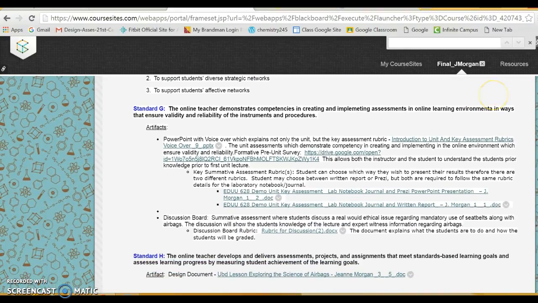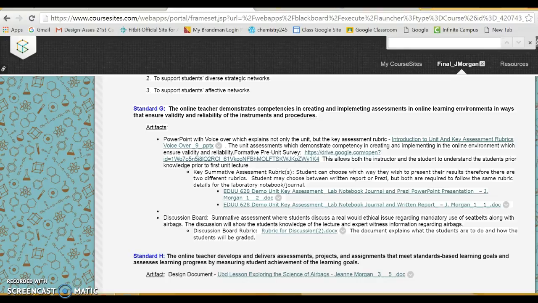Standard G, the online teacher demonstrates competency in creating and implementing assessments in online learning environments in ways that ensure validity and reliability of the instruments and procedures. Okay, so a PowerPoint with voiceover that explains not only the unit but the key assessment. It's there. That is a great artifact right from the get-go.